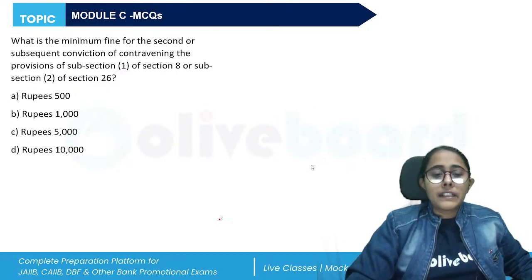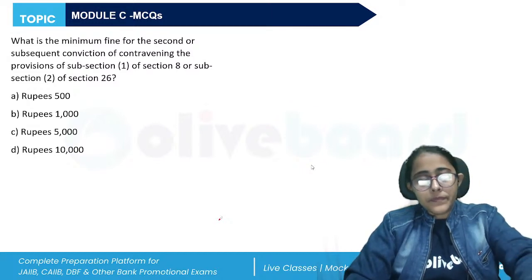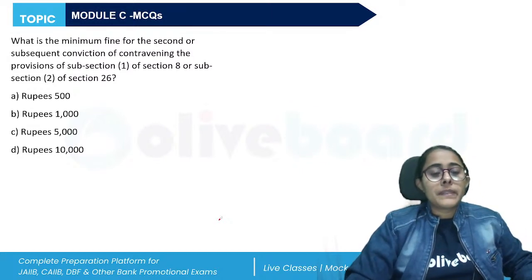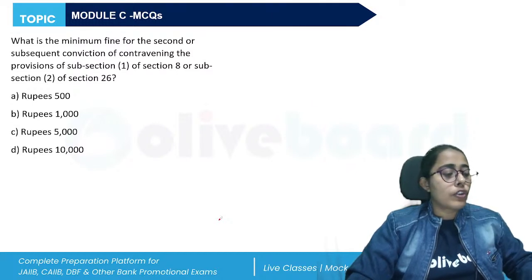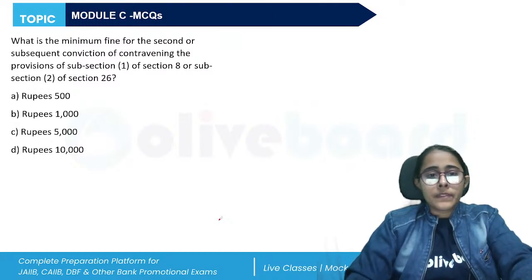What will be the penalty, or what disclosures have to be made? What will be the penalty? Rupees 500, rupees 1000, rupees 5000, or rupees 10,000? Which of the following will be correct?